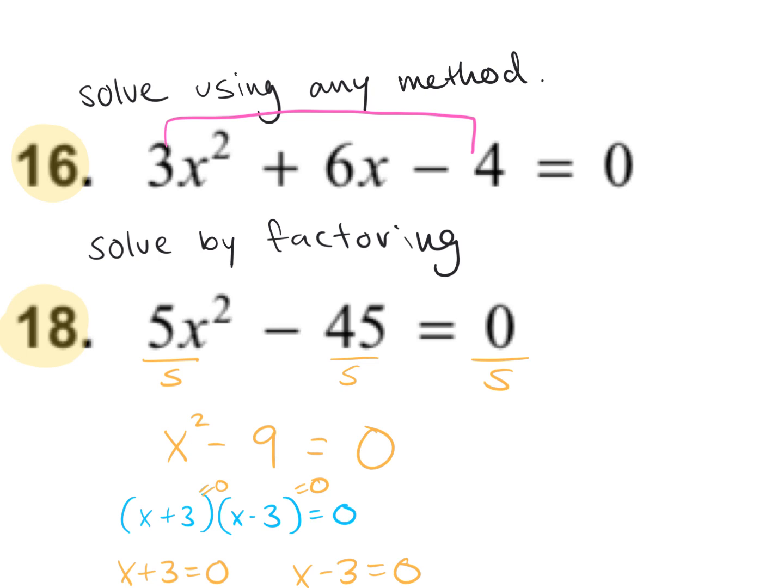And we don't have a GCF to take out here either. If you had a GCF, you could try to take that out, make your number smaller, but we don't have one here. So we get negative 12. Do we have two factors of negative 12 that add to 6? Nope, we don't. So factoring doesn't work. What else could we do?